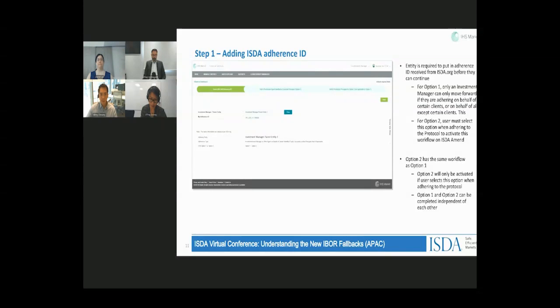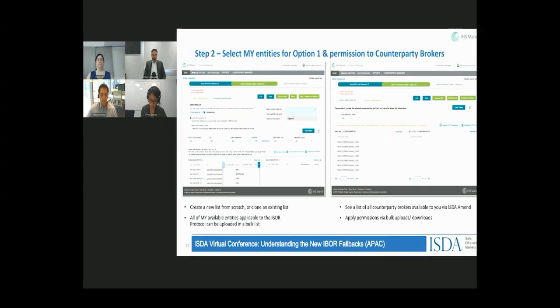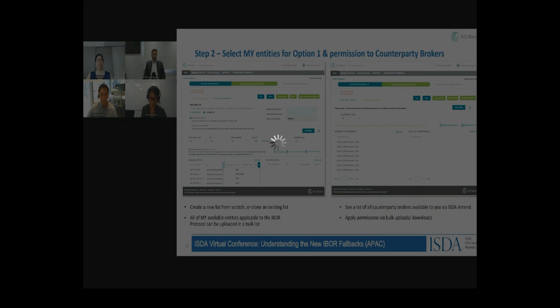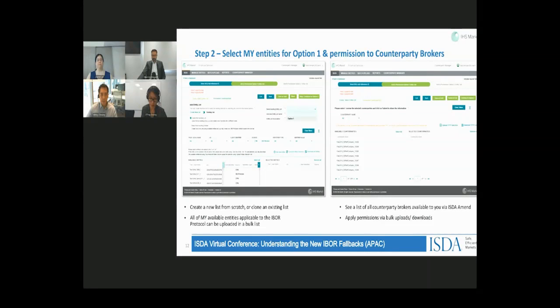So as we move on to the next step, and you can see we've got a few screens here, but essentially it's pretty straightforward. As I mentioned, either you're a new client on the system that you can then create a new list of your clients that you want to include or exclude as part of the list. You have options to save that information, so that list can be reused for other regulations as and when it's required. And you simply just select them from the list.